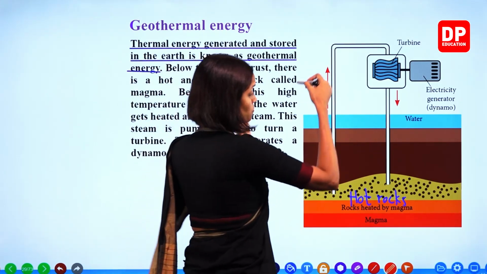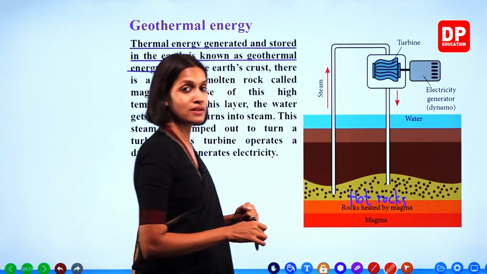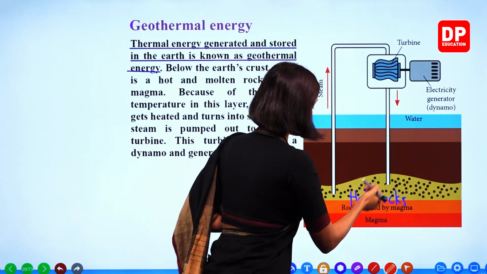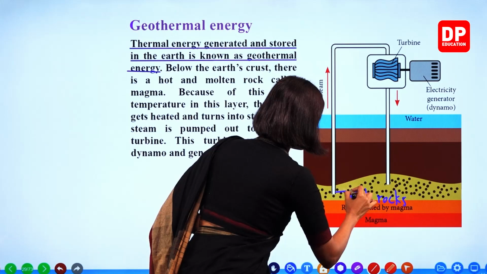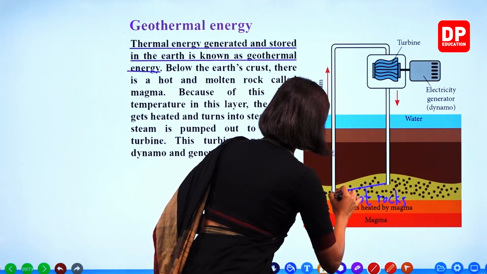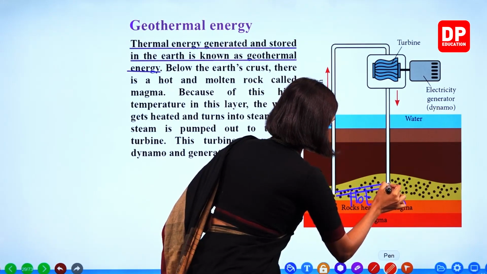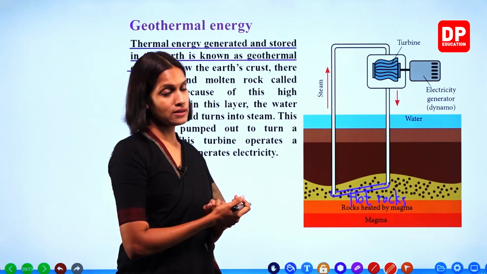And through one side you send cold water. We'll consider this the other part of the tubes. This is how it combines inside the hot rock.